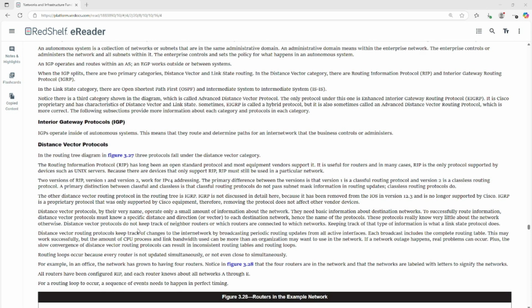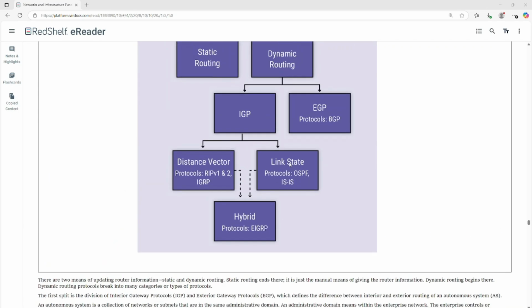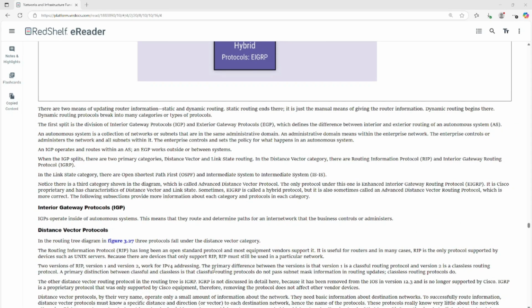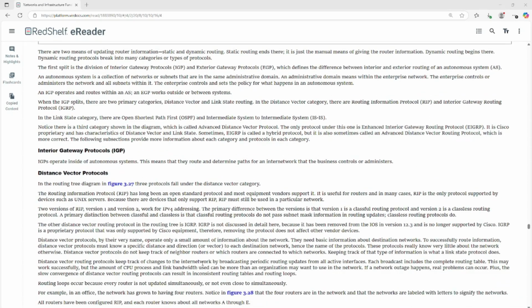They do not keep track of neighboring routes, since that's the job of the link state protocol. Let's say the link state protocol. They do track changes by broadcasting periodic routing tables.